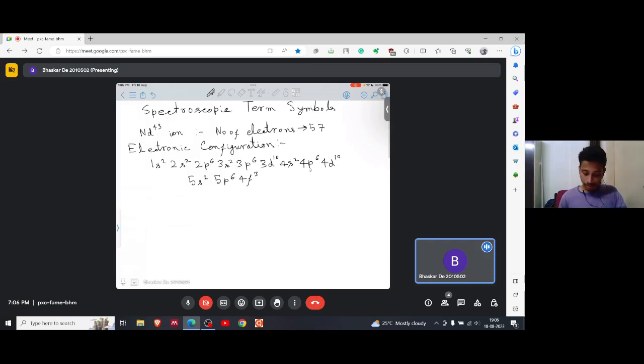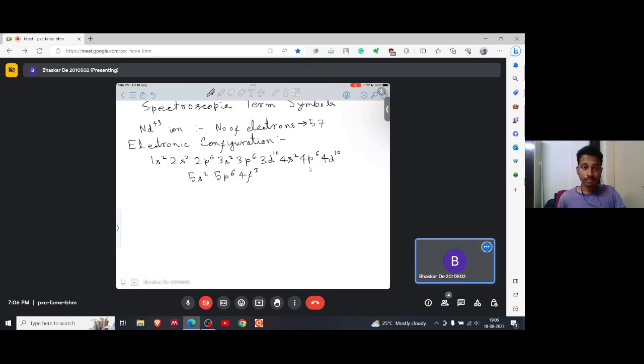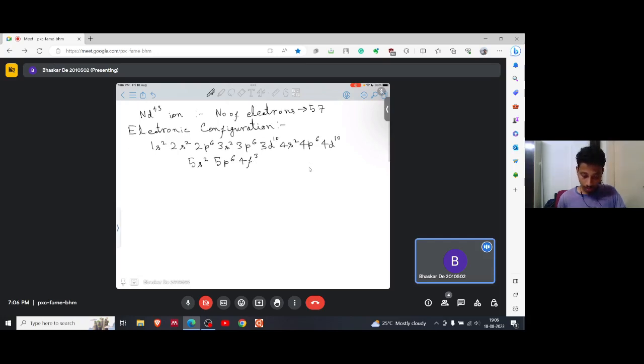So this is the electronic configuration.